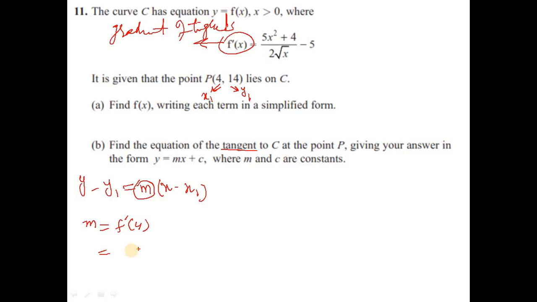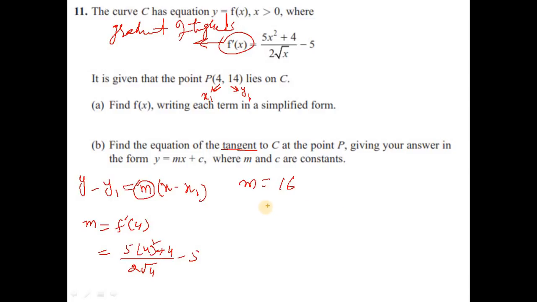So 5 times 4 squared plus 4 divided by 2 root 4 minus 5. Once you figure out m, if you solve this, the value of m will be 16.